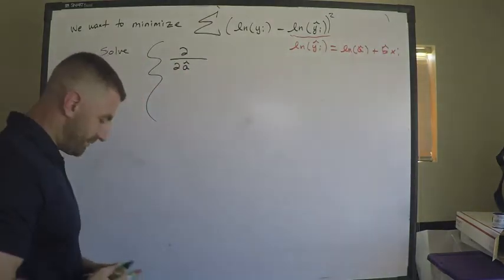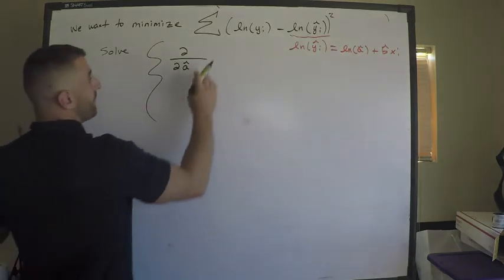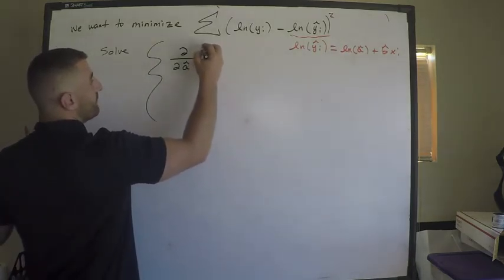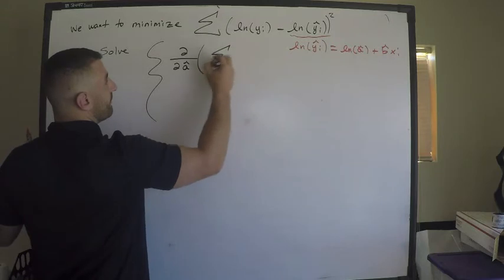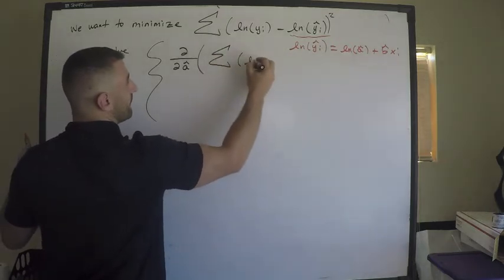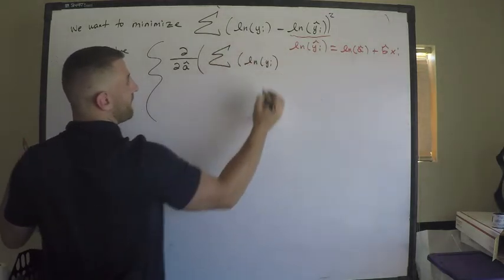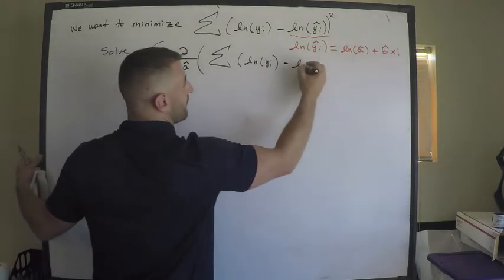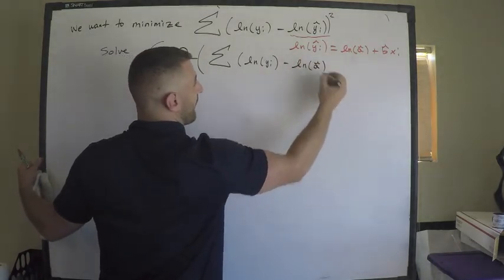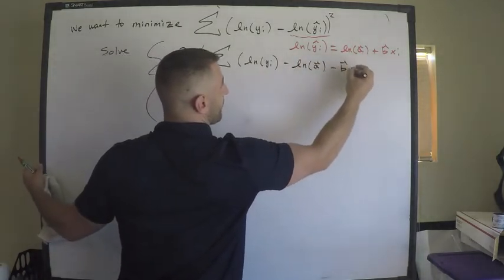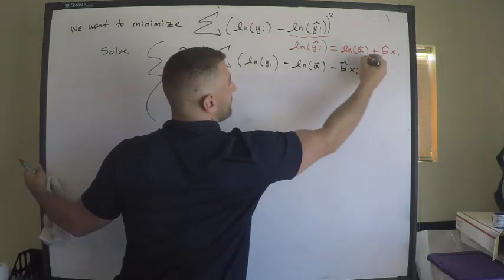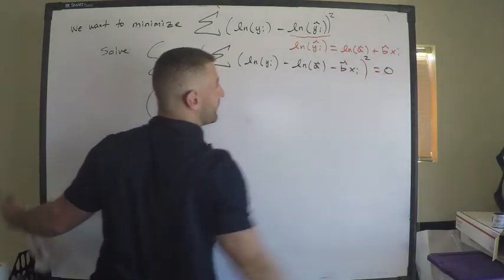So I'm just going to make a substitution, and now what I'm looking for is the partial derivative with respect to a hat of the sum of ln of yi minus ln of a hat minus b hat xi, squared, equals 0.